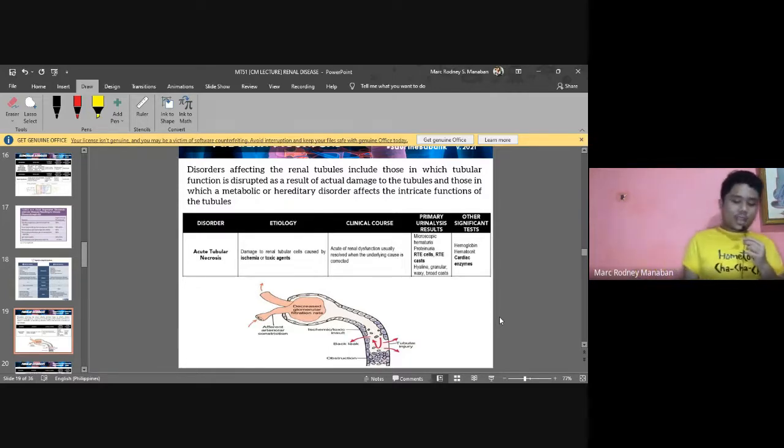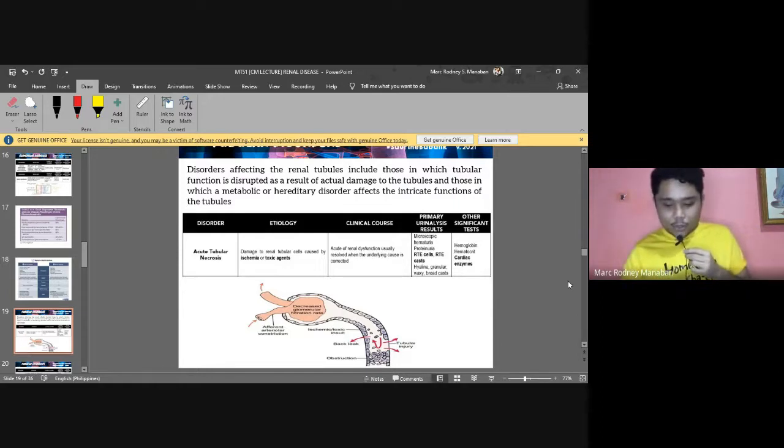Okay, so those are the different tubular disorders. Number one is of course acute tubular necrosis. As the name implies, it is damage to your renal tubules caused by ischemia. There could be an obstruction here, so the blood flow to the tubules is lost. Or again, exposure to toxic agents such as nephrotoxic drugs, or even poisons.